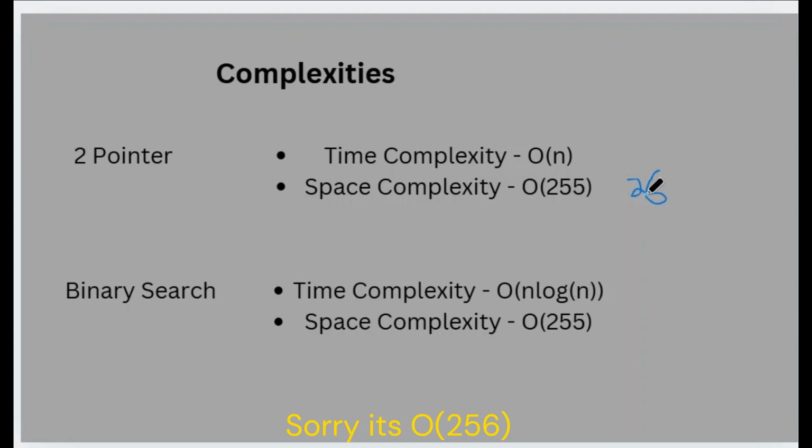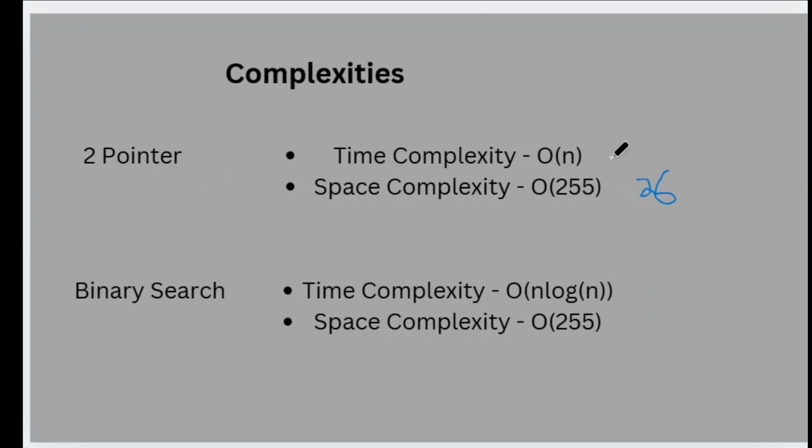And if you include lowercase as well as uppercase, then it will be 52. For binary search, the time complexity is n log n, which is slightly more than the two pointer approach, and because of that, two pointer is the best approach.